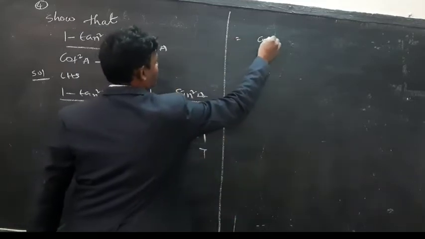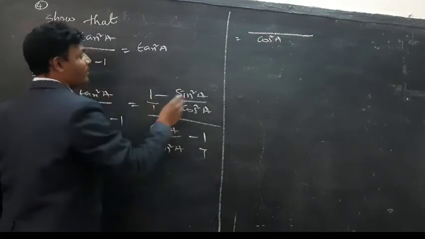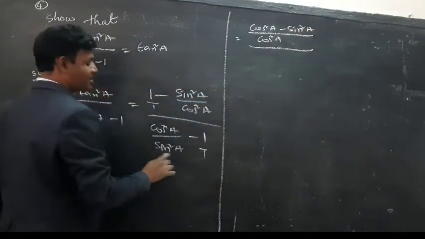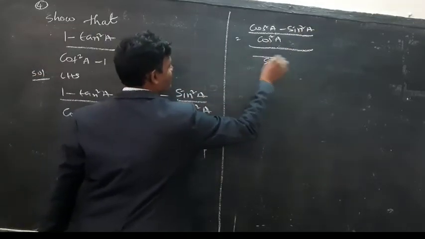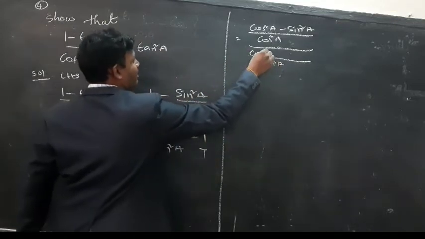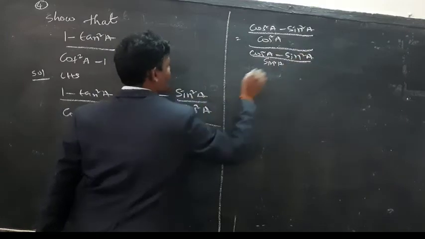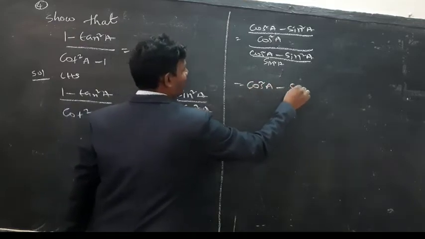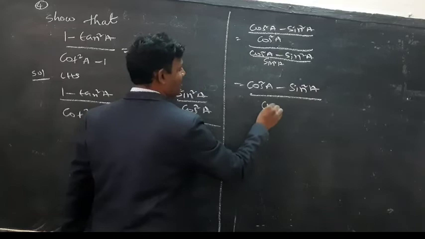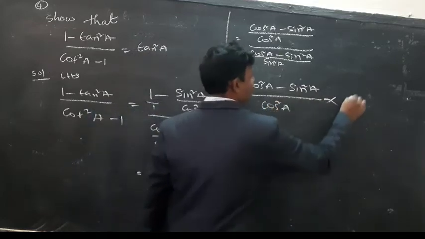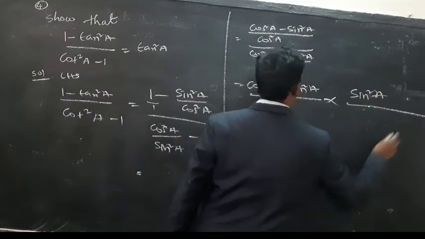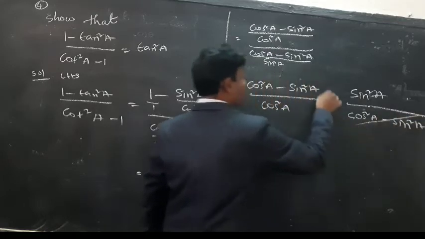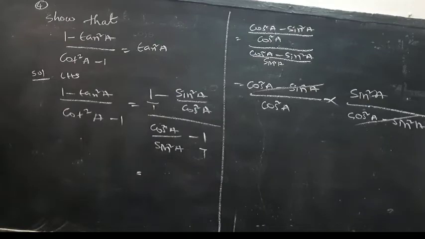Cos square A, so we can write cos square A minus sin square A. Here also the LCM is sin square A, so we can write cos square A minus sin square A. I am taking the reciprocal of the denominator: cos square A minus sin square A by cos square A into sin square A by cos square A minus sin square A. Here cos square A minus sin square A cancels.